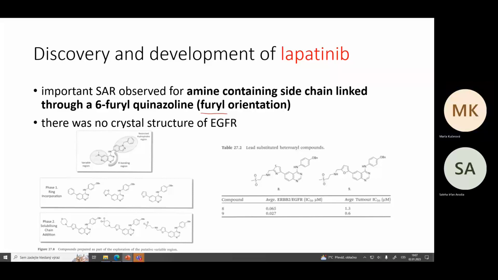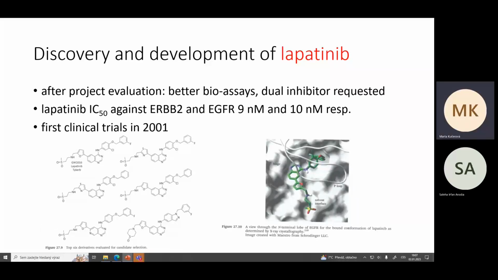and at the end, methanesulfonyl moiety was introduced in the lapatinib structure with excellent IC50 value below 1 micromolar. And you can see here the binding of lapatinib in the crystallographic complex.